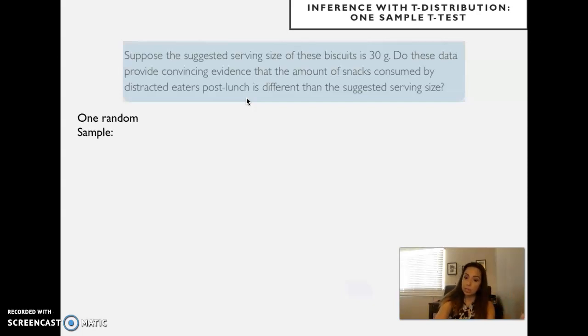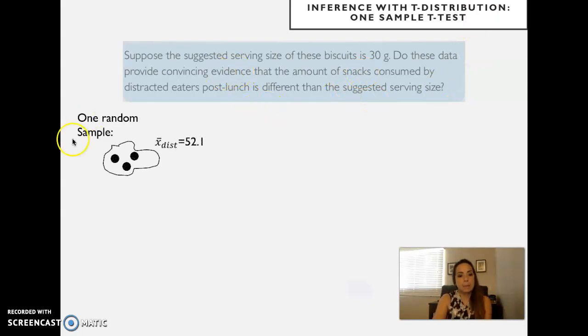We did that the quick and dirty way, but when we do it that way, we can't compute the probability of observing our average snacking amount under the null hypothesis. So you need a test. Because we have one random sample only, one sample of distracted eaters, and we're comparing that to a benchmark average value, we have what we call a one-sample t-test that we need to apply.